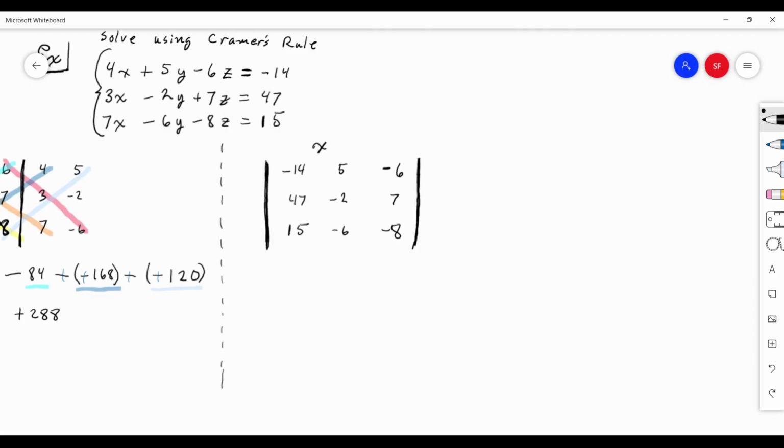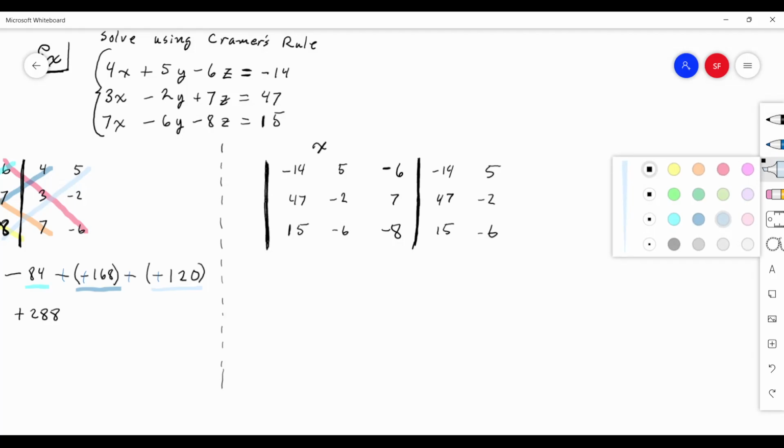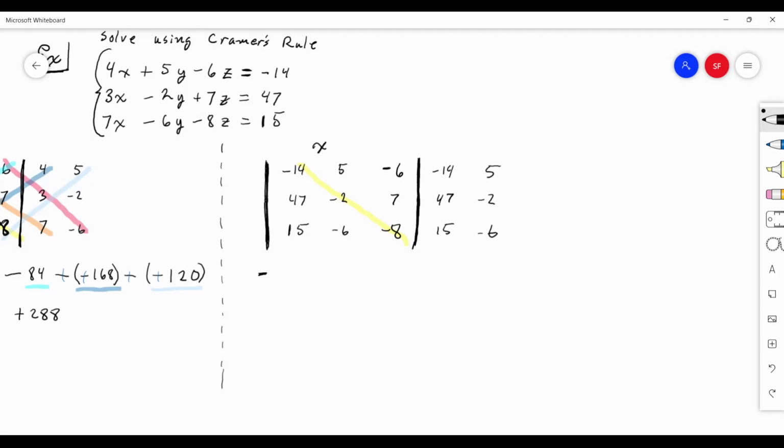Okay, so then we would write negative 14, 47, 15, 5, negative 2, negative 6. I almost did 16 instead of 15. Then we would multiply down. So negative 4 times negative 2 times negative 8 is negative something. I can tell you that right now.